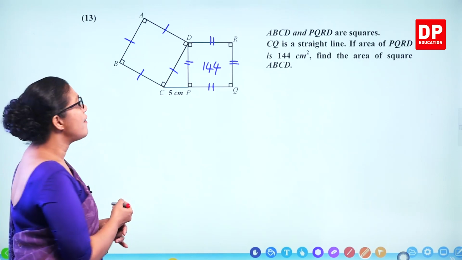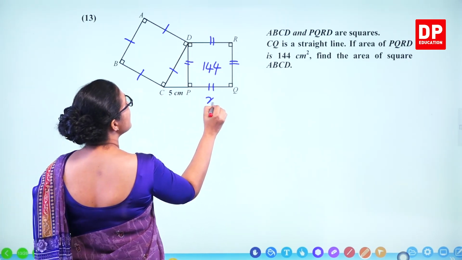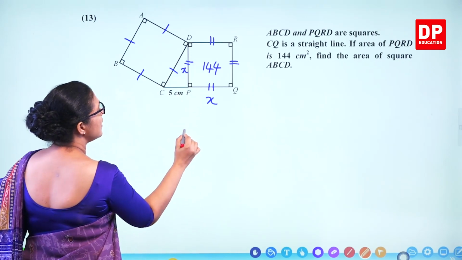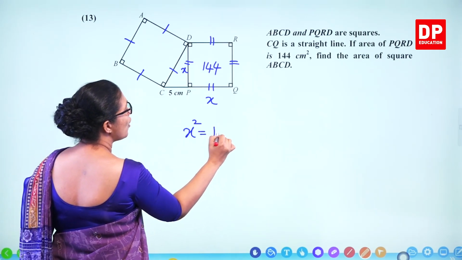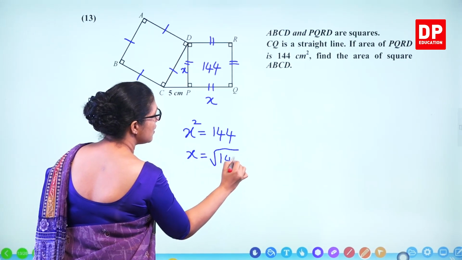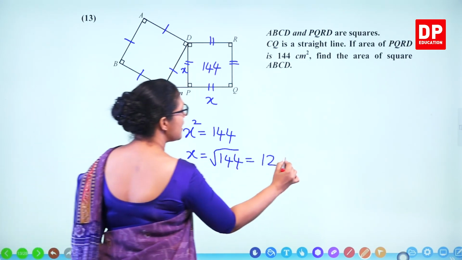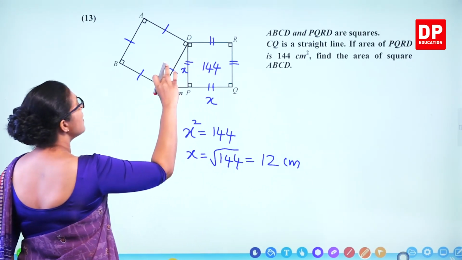So if the area is 144, what's one length here? We'll put x here. x squared is 144. So when you take the square root, you get 12. So 12 centimeters is this length.